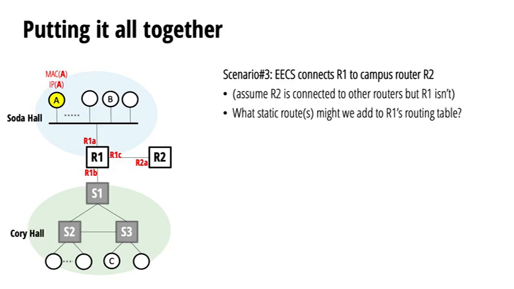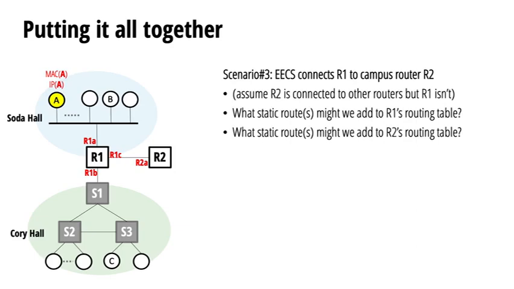I don't want to run a routing protocol just yet. So remember, I already had an entry to go up to Soda Hall and another entry to go down to Cory Hall. You need one more entry at R1. Yep. A default route that says any other prefix on the internet, go to R2.